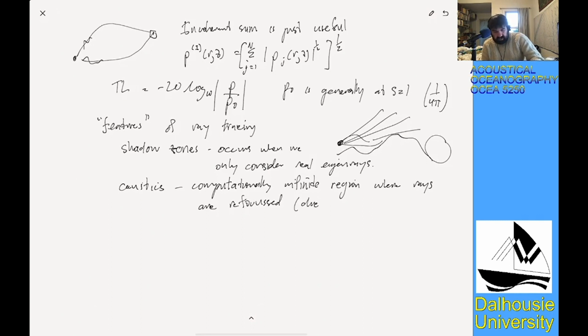And basically due to dropping of higher order terms, we get infinite values.